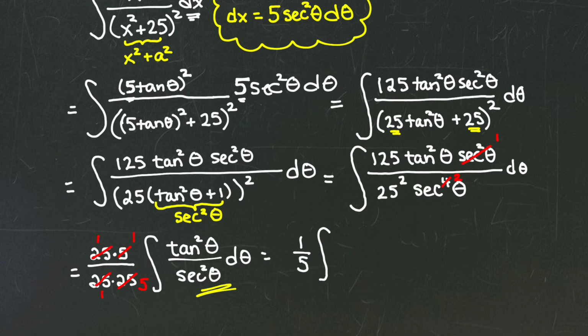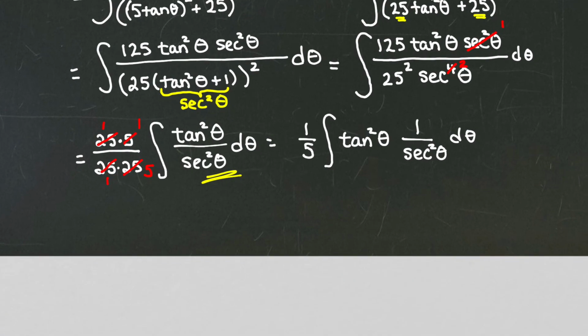So instead, I'm going to convert these tangents and secants into sines and cosines. Let me rewrite this: I have tangent squared theta, and then a 1 over secant squared theta, and I'm writing it like that because my next step is going to be to convert into sines and cosines.